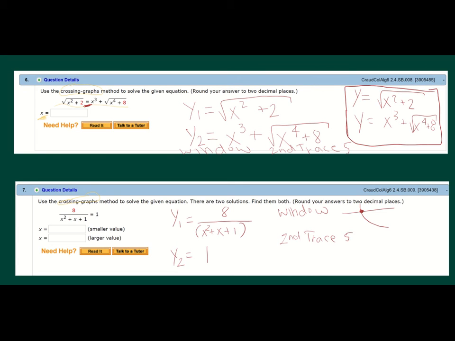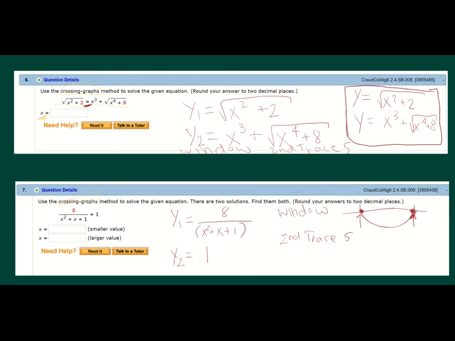5, and you're going to try to find the smallest point at which these two functions intersect. Let's pretend it looks something like this, and they intersect in both of these locations. Well, then you need to find the x value of this point and the larger x value for the point of intersection over here.